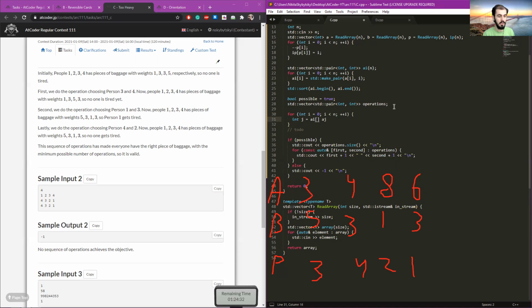J should get A_i at i. The j is A_i at i.